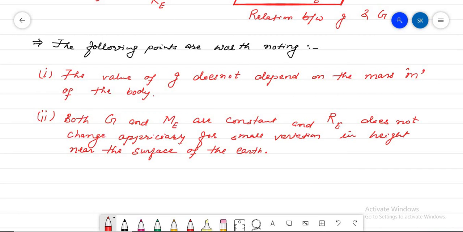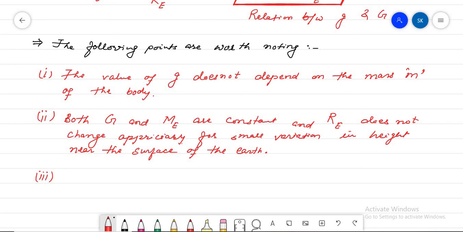Therefore, we can say that the acceleration due to gravity of an object near the surface of earth is approximately constant and does not depend on the mass of the object. That's why we are taking 9.8 as the value of g, small g, on the surface of the earth.